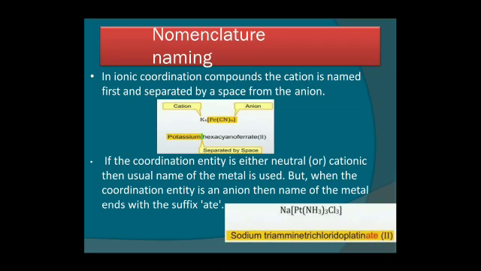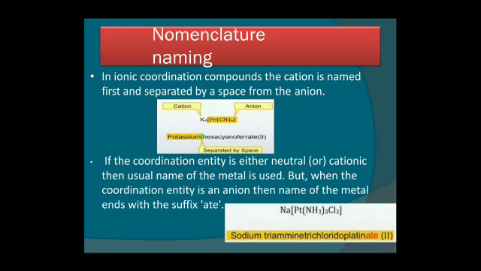Next, if the coordination entity is either neutral or cationic, then the usual name of the metal is used. But when the coordination entity is an anion, the name of the metal ends with the suffix "ate". For example, sodium, then in square bracket platinum, ammine 3, chloride 3.